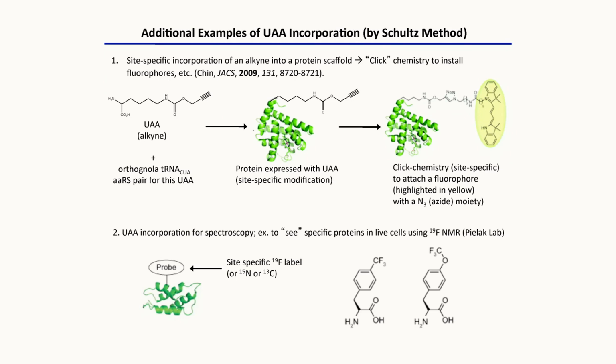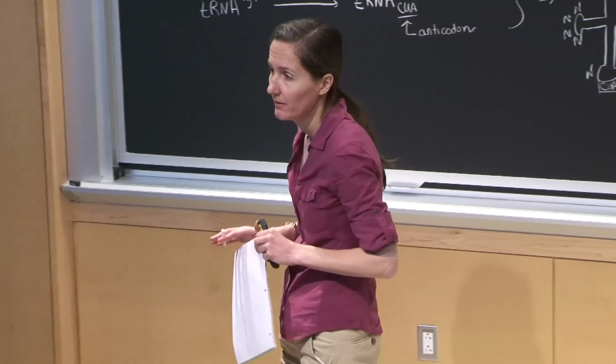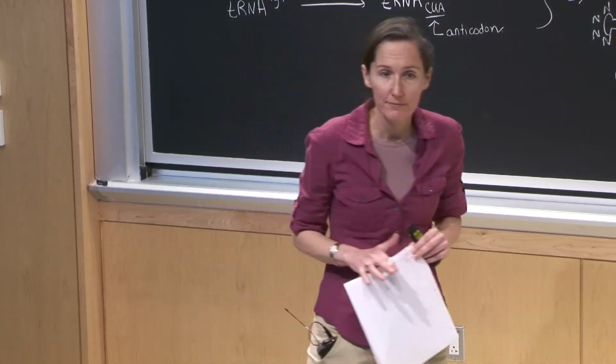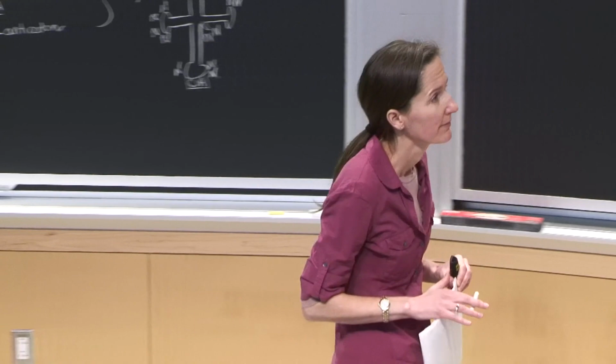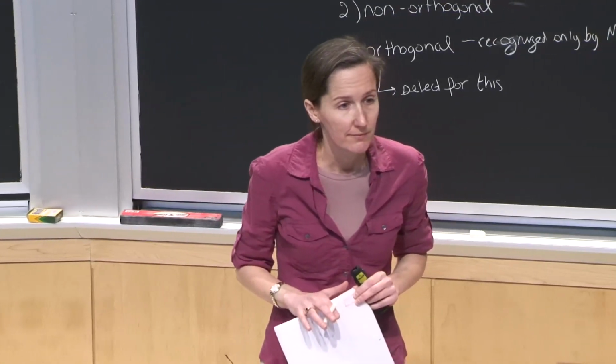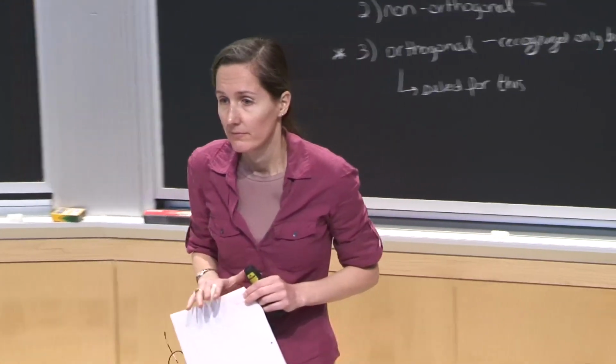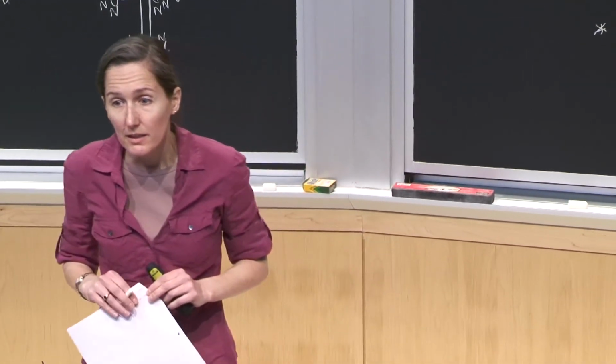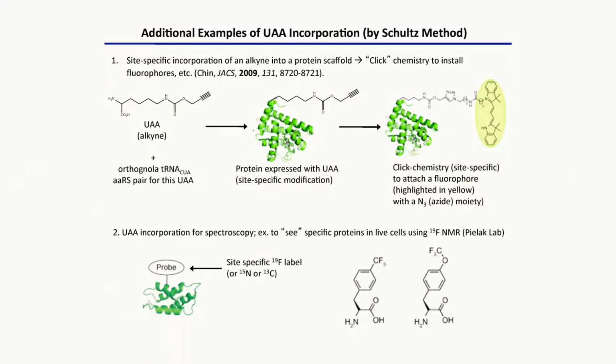So just thinking about this process, why maybe was this put on later rather than in the cell? Well, do you mean clicking it on, or synthesizing, or putting that whole thing on? Yeah, because you can imagine someone could have thought, rather than clicking this on after the fact, why not just use this whole moiety here as the unnatural amino acid, right?